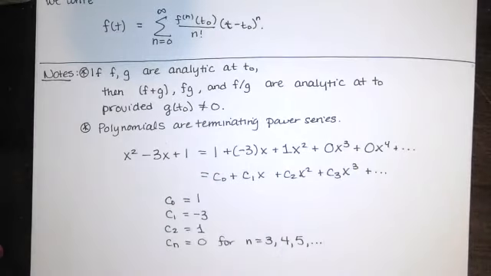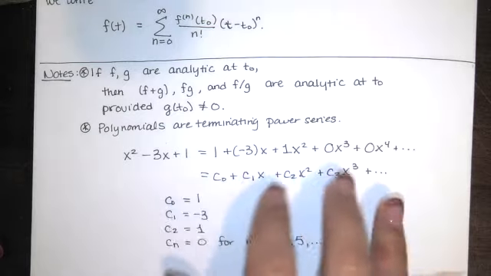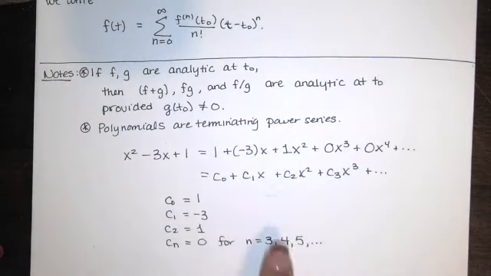So every polynomial is a power series. We can think of it as a terminating power series. Now this is expanded about x equals 0 because I'm not subtracting anything from the x's over here, but I could expand this polynomial about a different point. I'm not going to do that because it's sort of getting off on a tangent, honestly.